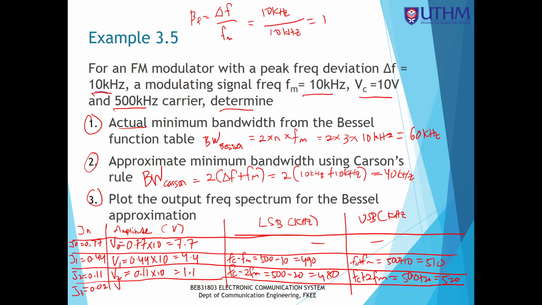Then V3 is equal to 0.02 times 10, which becomes 0.2 volt. This is located at Fc minus 3Fm, which is 500 minus 30, so we get 470, and here is Fc plus 3Fm, which is 500 plus 30, so we get 530 kilohertz.